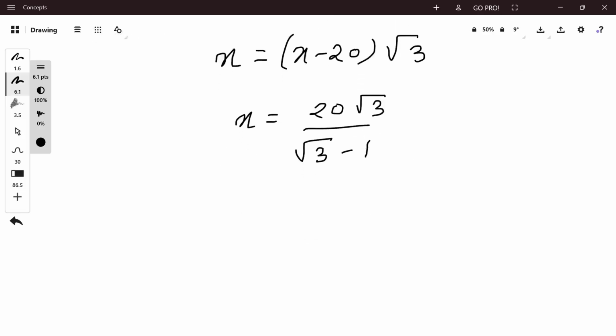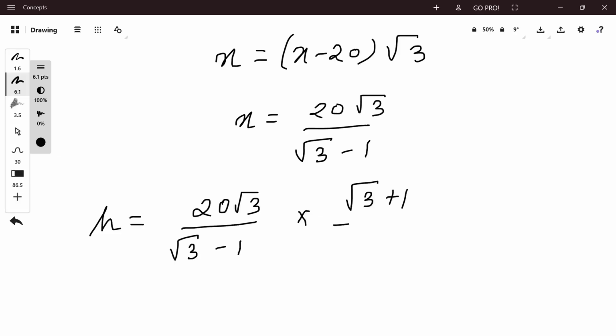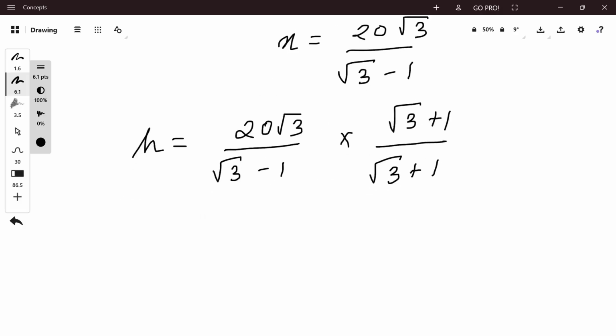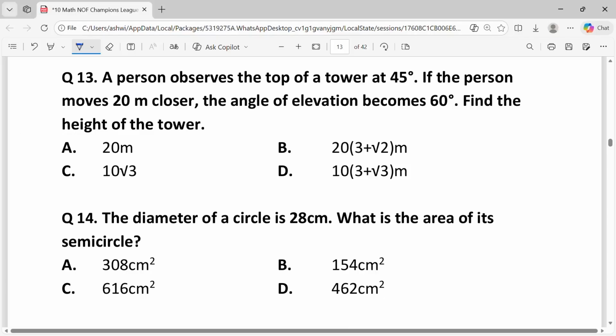Rationalizing the denominator, that is h is equal to 20 root 3 upon root 3 minus 1 into root 3 plus 1 upon root 3 plus 1. That comes down to 10, 3 plus root 3. Comparing with the given options, the answer is D, 10, 3 plus root 3.